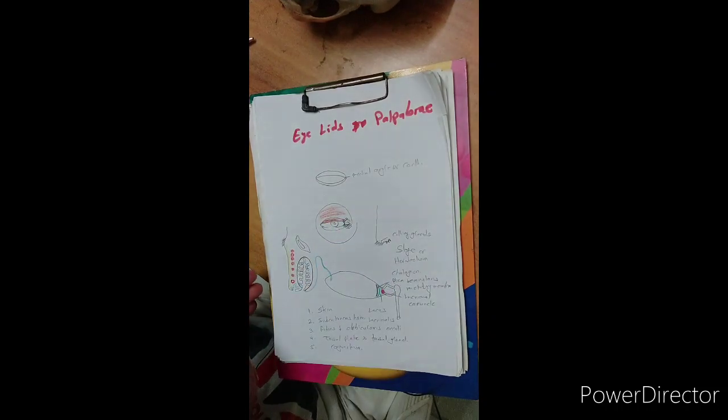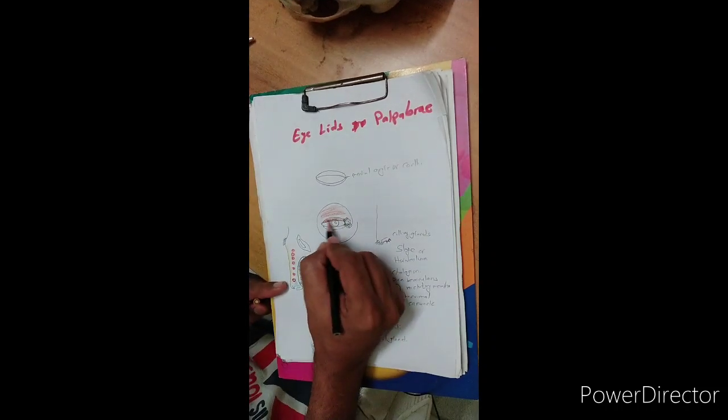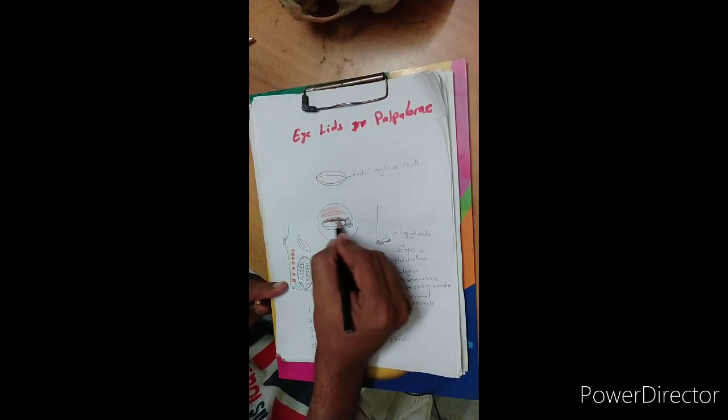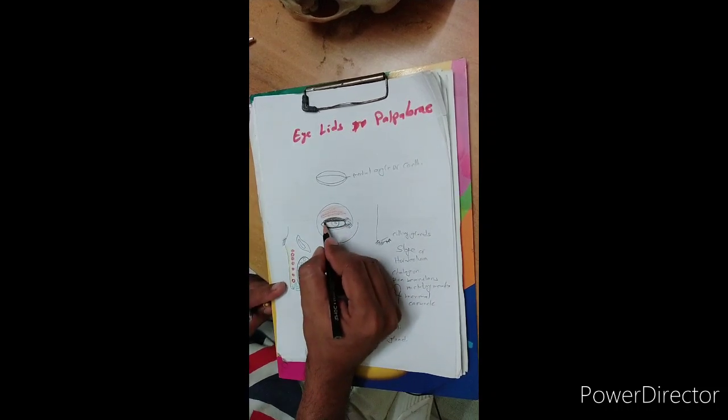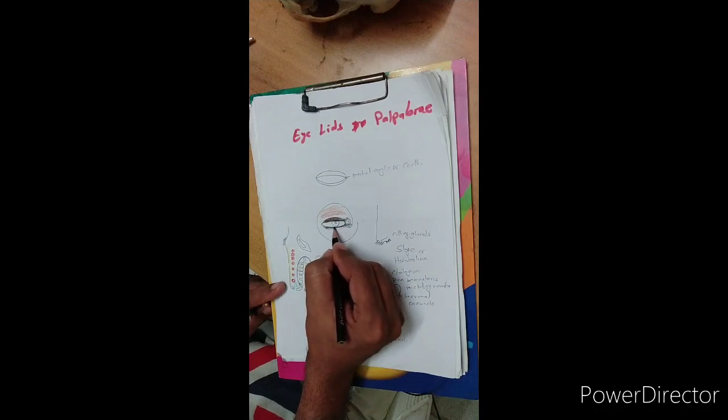This is the tarsal plate, here in black color. It is almond shaped in the upper eyelid and rod shaped in the lower eyelid.